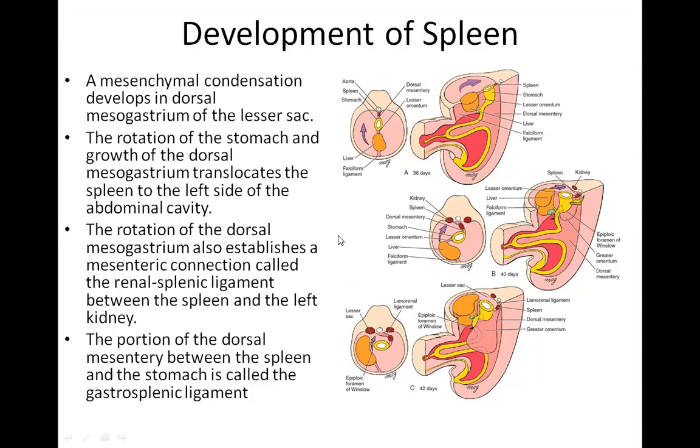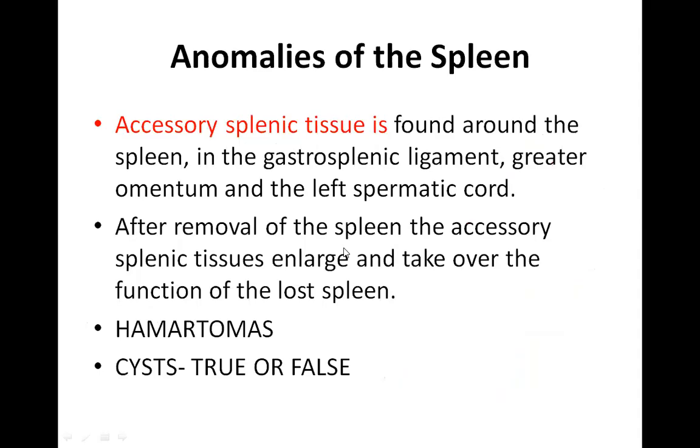The spleen is mesodermal in origin, it is not endodermal in origin. There are certain anomalies of the spleen. There is accessory splenic tissue, which is found around the spleen in the gastrosplenic ligament, greater omentum and the left spermatic cord. The development of the spleen shows certain lobulation.